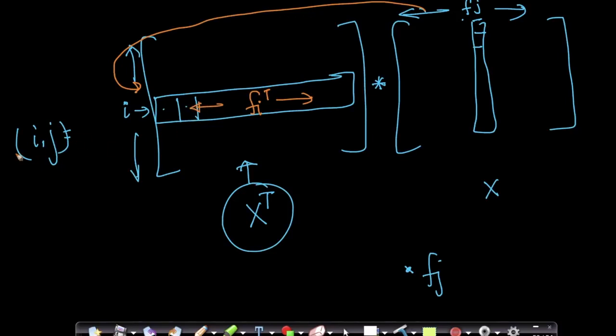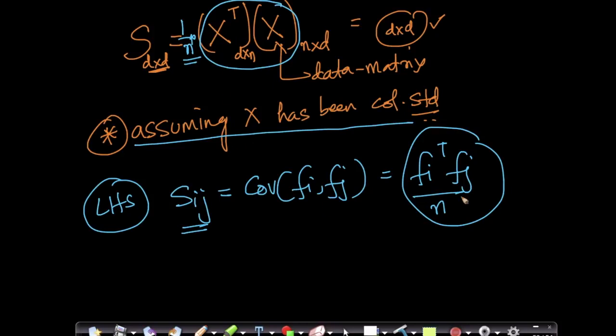So the ijth value of this multiplication will be Fi transpose Fj, which is what we wanted to prove. So your Sij is nothing but Fi transpose Fj by n.